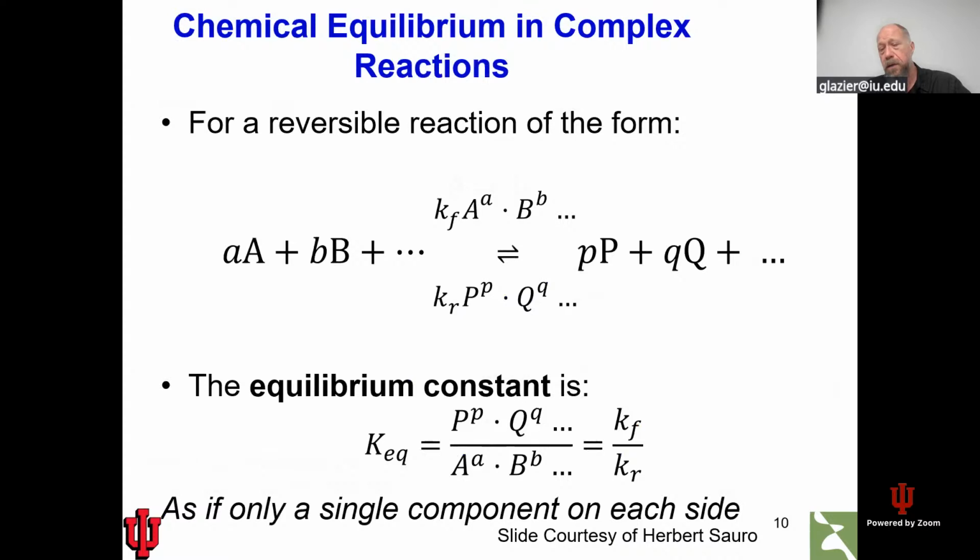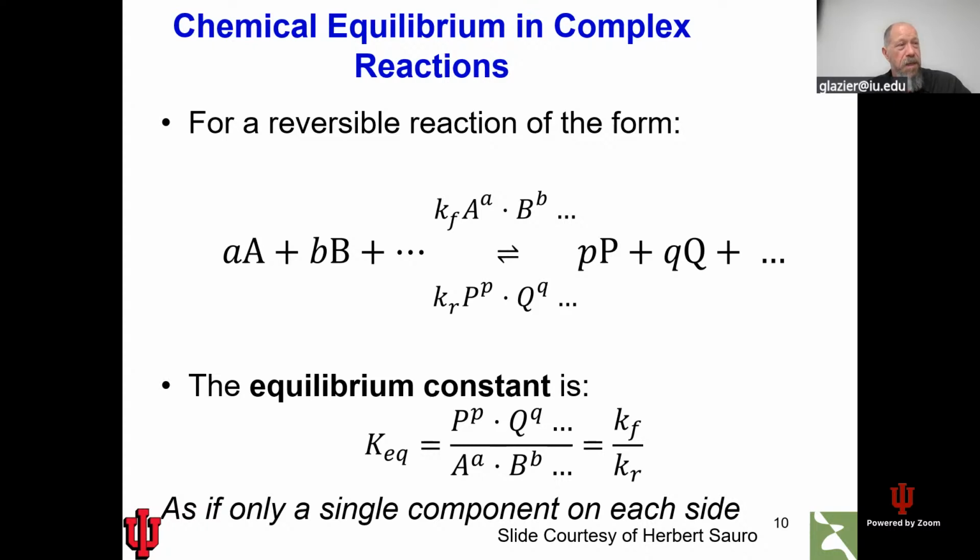When you're talking about chemical equilibrium, this is why people like them. That's why you do things like flux balance analysis. Even for very complex chemical reactions, if I had a many-component chemical reaction with complex stoichiometry, K equilibrium, at least for mass action here, is the concentration of each component raised to its stoichiometric coefficient on the left divided by the right.